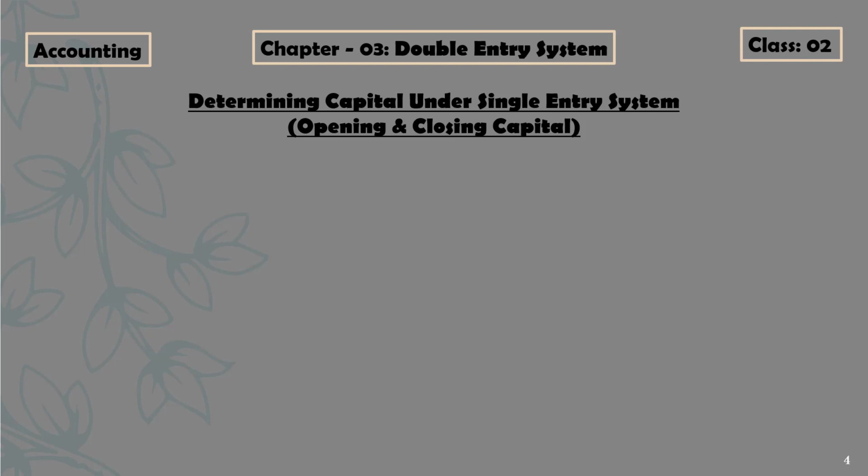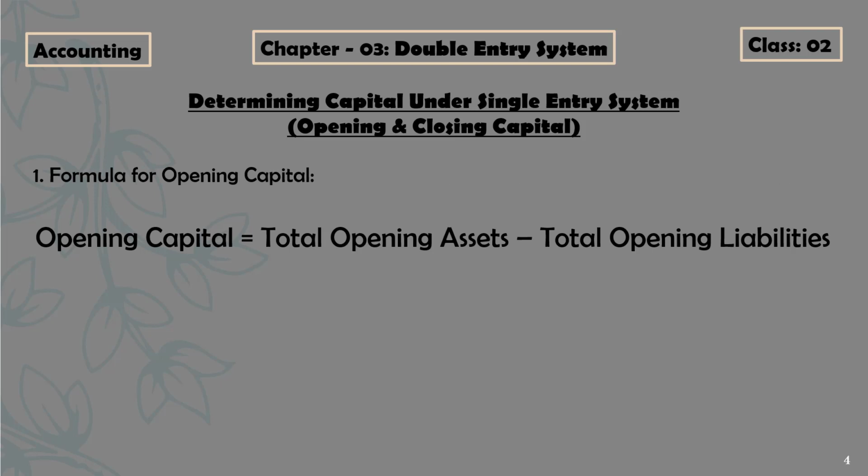So for the calculation of opening capital, the formula is opening capital equals total opening assets minus total opening liabilities. Basic formula is subtract the sum of liabilities from the sum of assets. So when we sum all the opening assets and subtract the sum of opening liabilities, we will get opening capital.